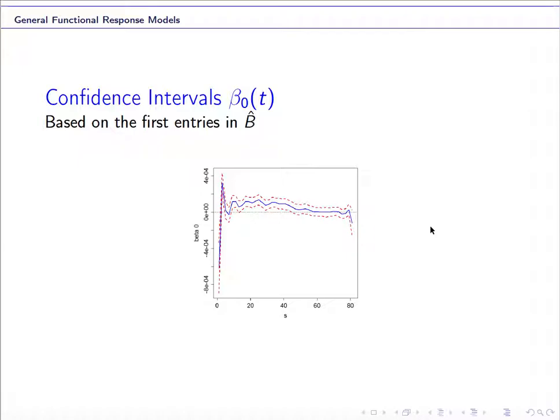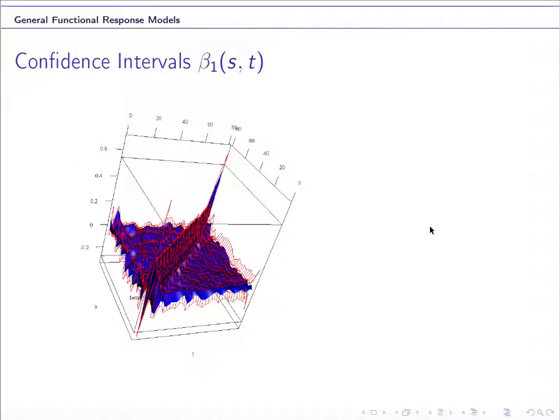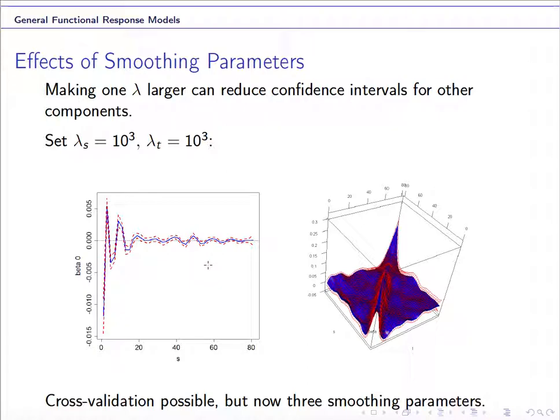So this is the confidence interval for the intercept beta 0 of t, and this is the confidence interval on the bivariate coefficient beta 1 s of t. So you can see it is hard to see a big difference without taking a careful look. Especially you don't want to have a beta s of t that is too rough, right?